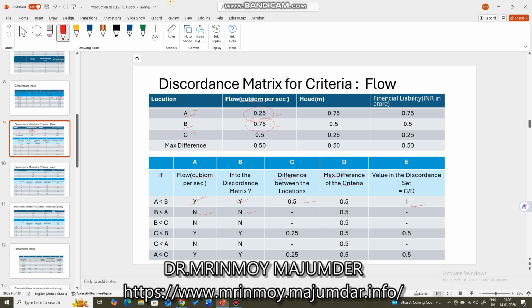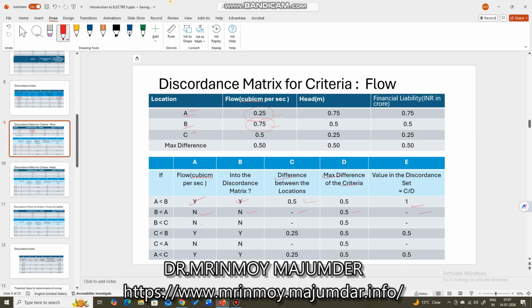No requirement to calculate the difference between the locations. The maximum difference within this criteria we must still identify, and we are still in criteria flow, so the maximum difference that I have already explained is 0.5. However, the difference between locations doesn't count because B is not less than A. The condition mismatches, so everything stops, and it is 0.